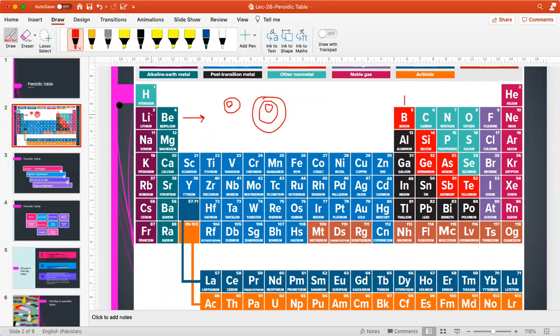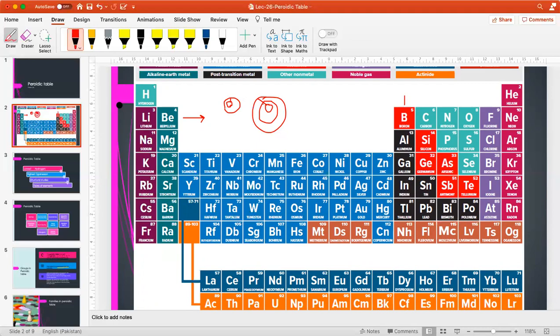So the distance of lithium's electrons from the nucleus is less. Okay? Here the distance is less. You should notice this is the distance, and here the electrons' distance is this. So if the distance is small, then the hold on the electrons is strong. I mean, the positive charges in the center will hold the electrons more tightly.